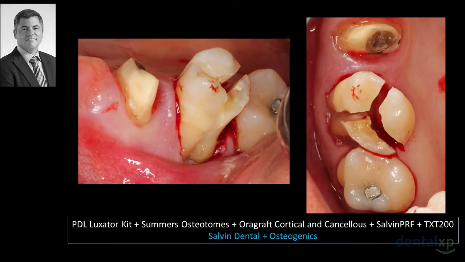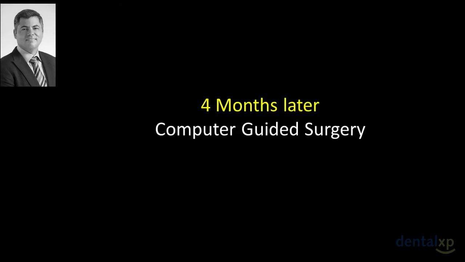So when we go back over there, we have enough length to place the implant. The bone substitute here was autograft, cortical and cancellous. We also used Salvin PRF and a TXT 200 membrane.